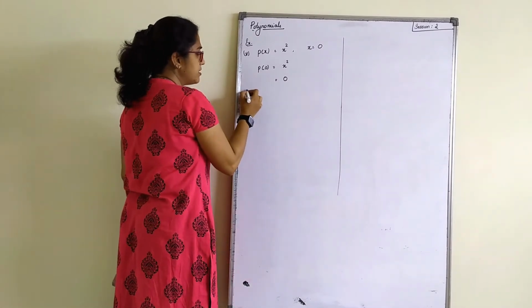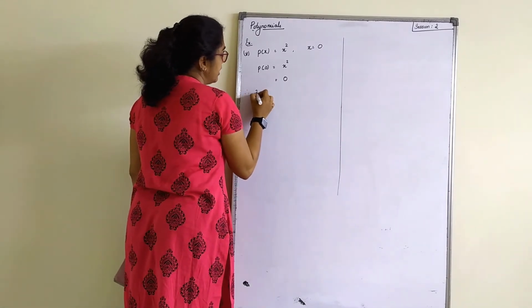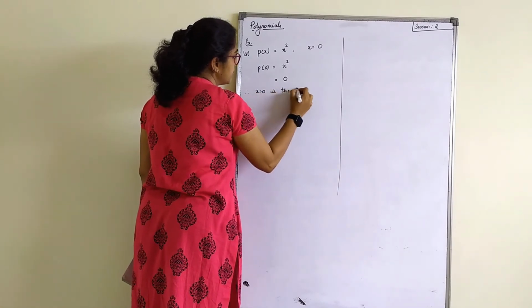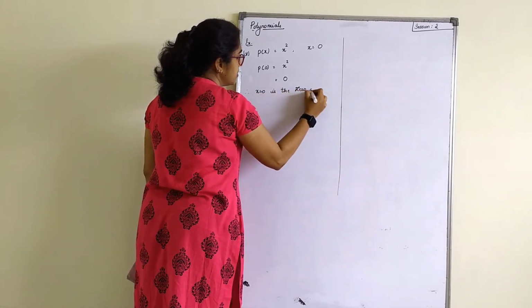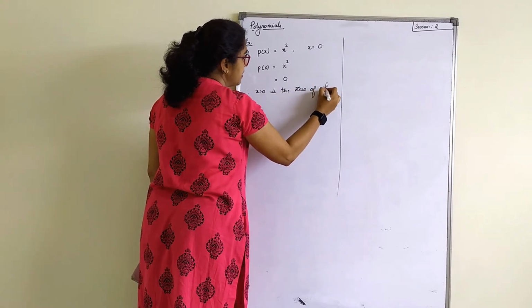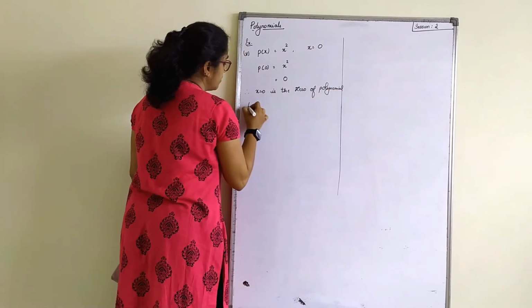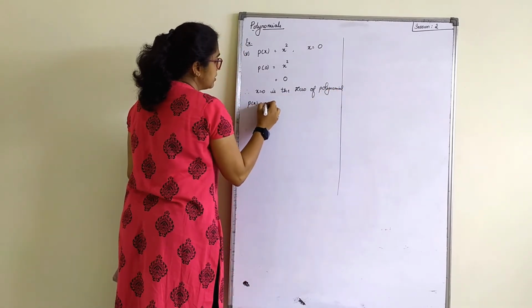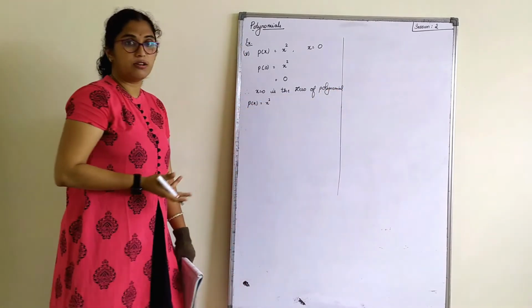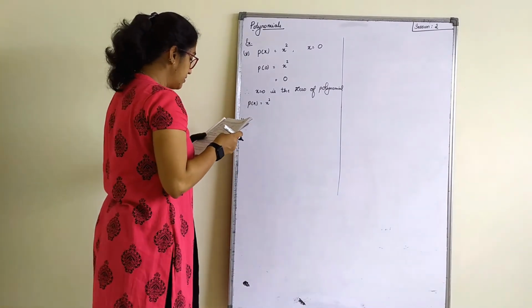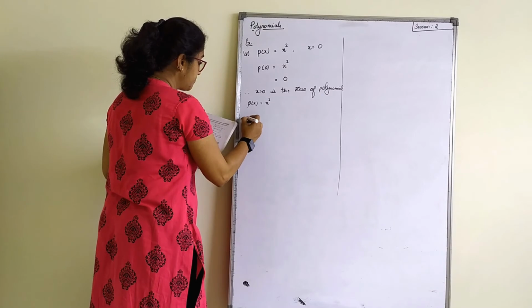Then 0 is 0. Therefore, x is equal to 0 is the 0 of the polynomial P of x is equal to x square. That's all.